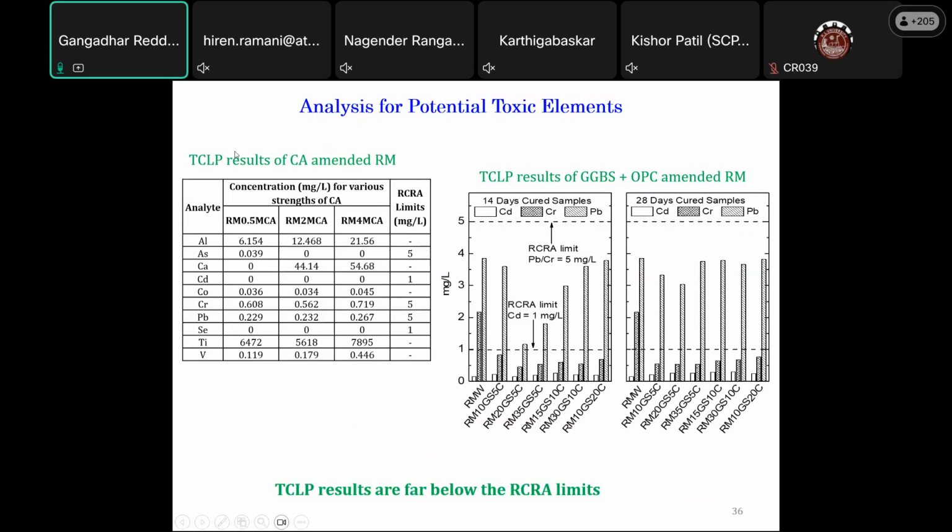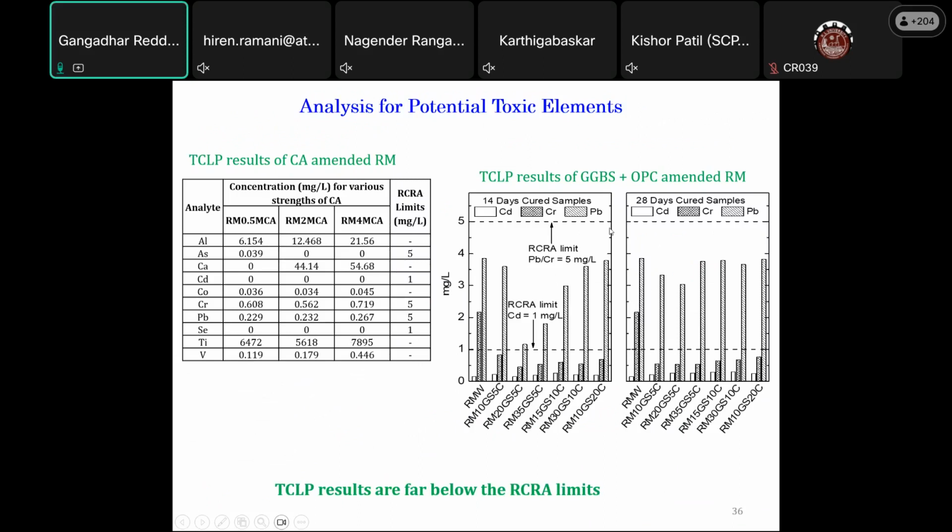You can see again, I have done some TCLP analysis, with different molarities, to see exactly what happens when there is an increase in the acidic content in the soil sample. There is another code called RCRA, which shows clearly that all the elements are within the limit.